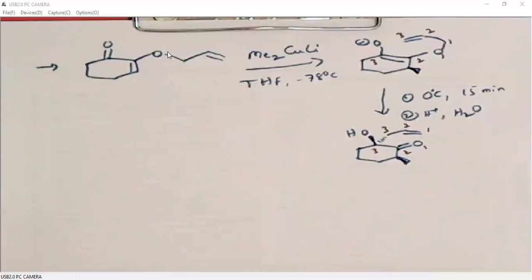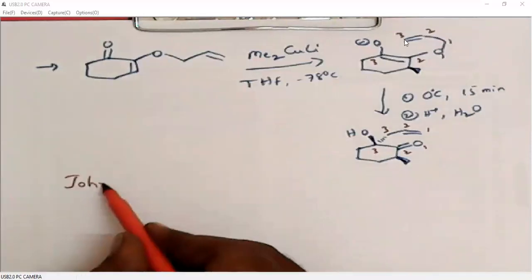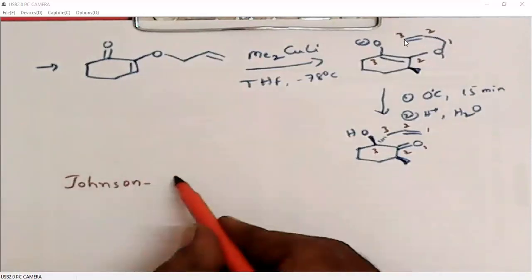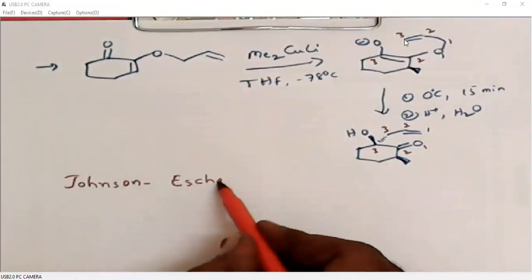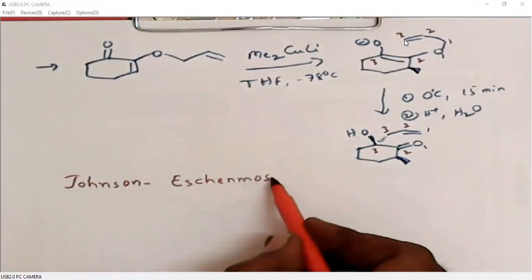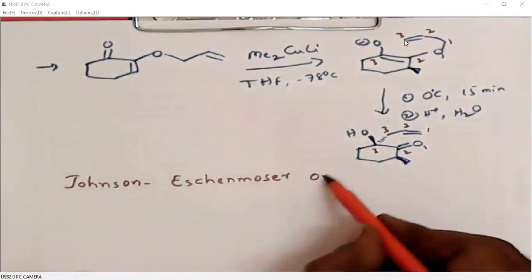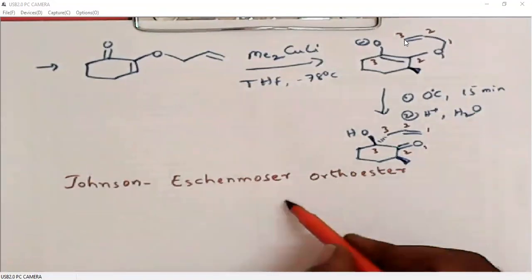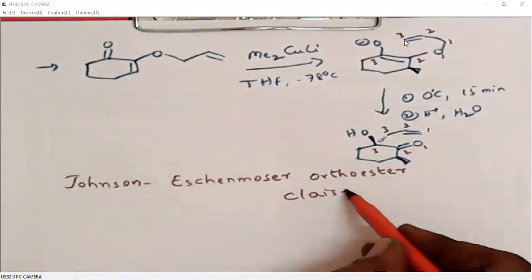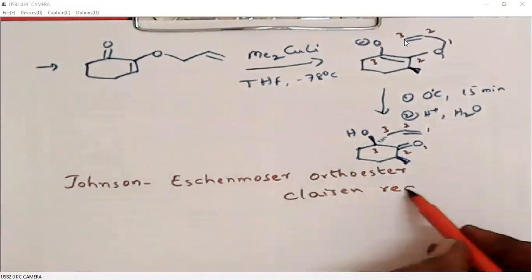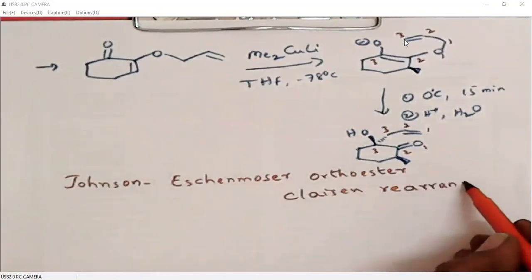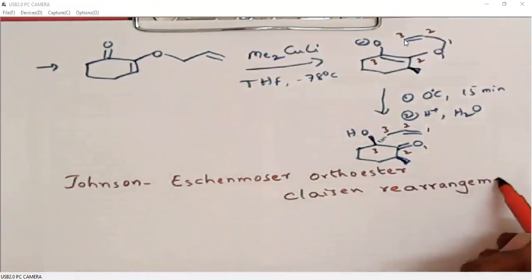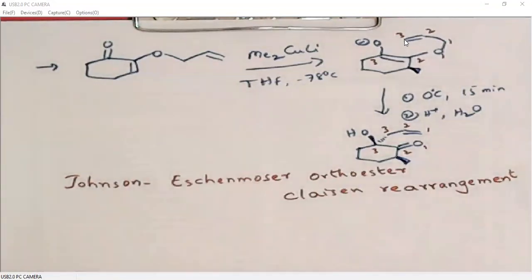Now we will see the Johnson-Eschenmoser orthoester Claisen rearrangement. What is the Johnson-Eschenmoser orthoester Claisen rearrangement?